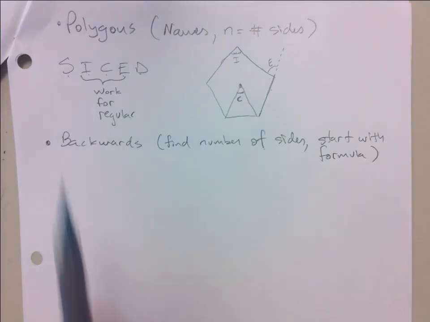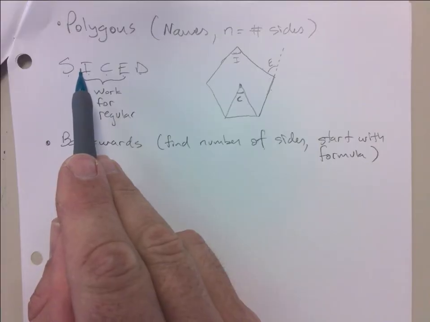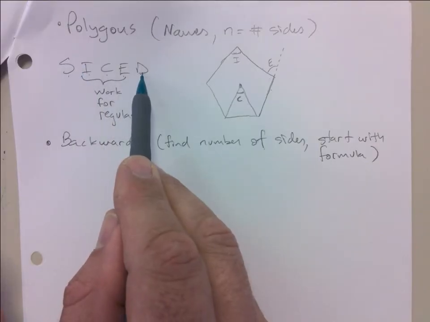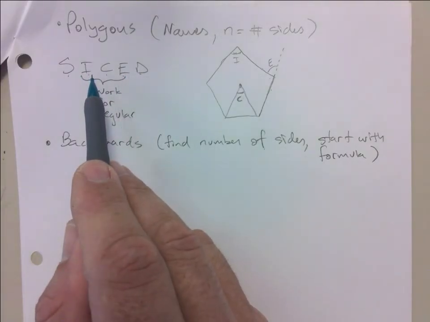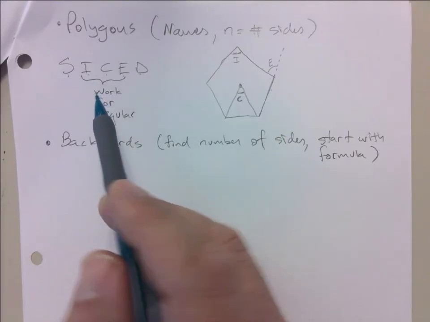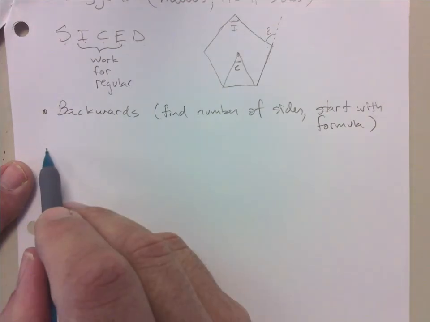I'm going to give you one of these, like the actual degrees. D is not degrees, that's number of diagonals, right? But I give you any one of those, and you've got to work backwards to solve for n. We've done tons of them, so just go back and check that.